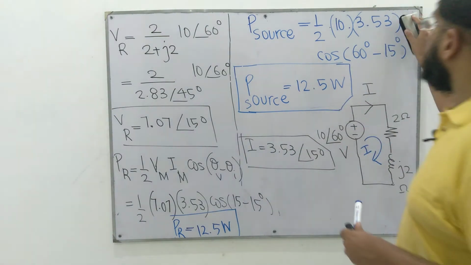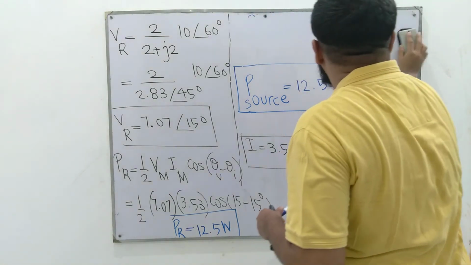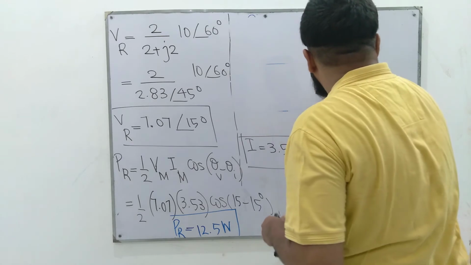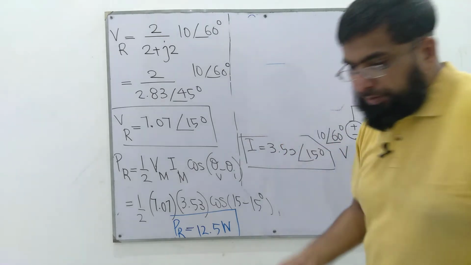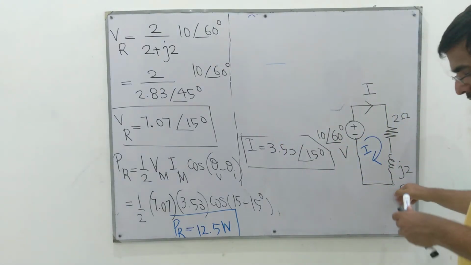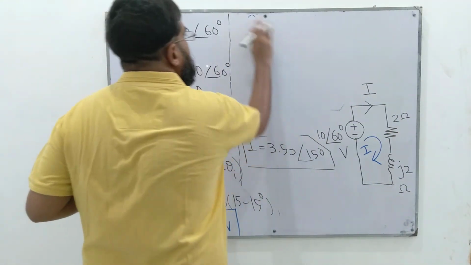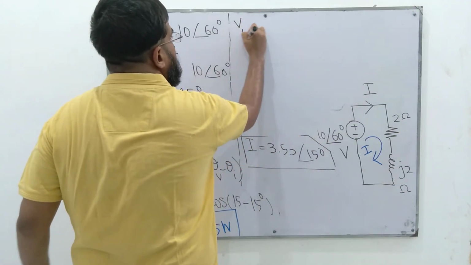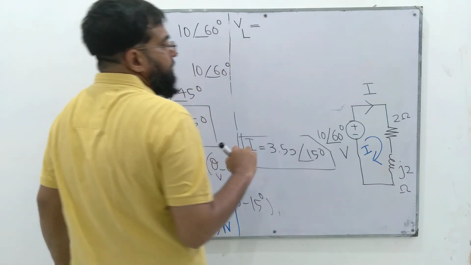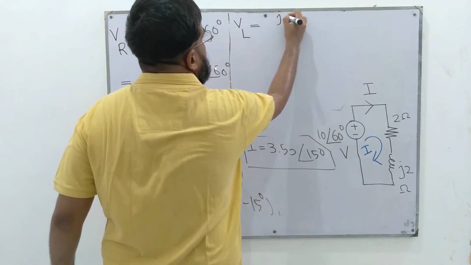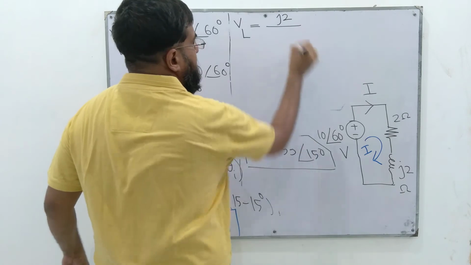And the last thing to compute is the power dissipated in this inductor having inductive reactance J2 ohms. To find that, first find VL, the voltage drop across the inductor, according to the voltage divider theorem.